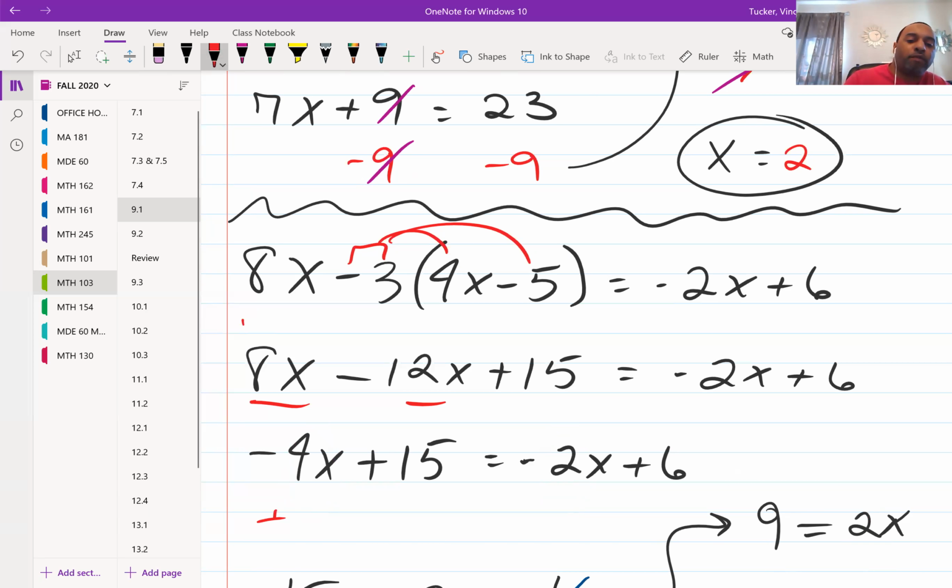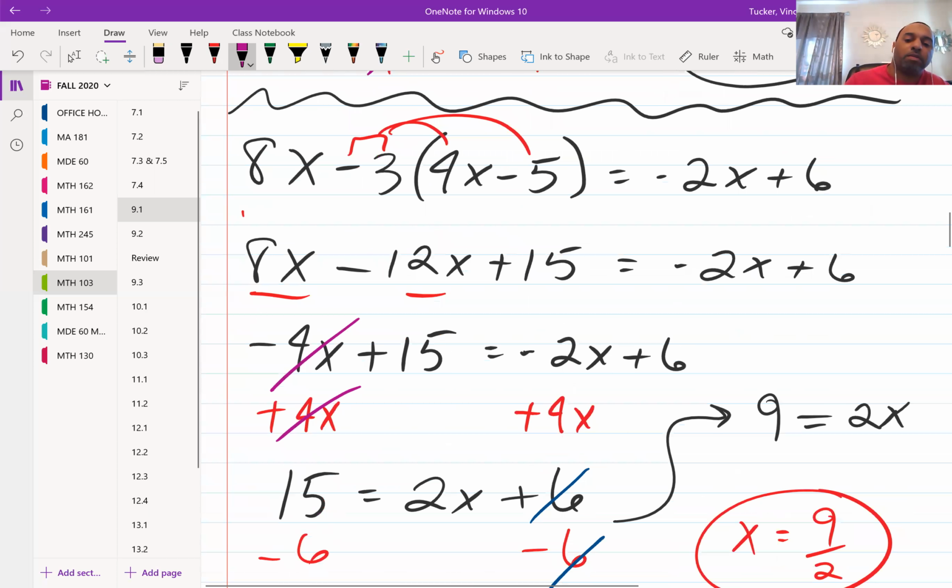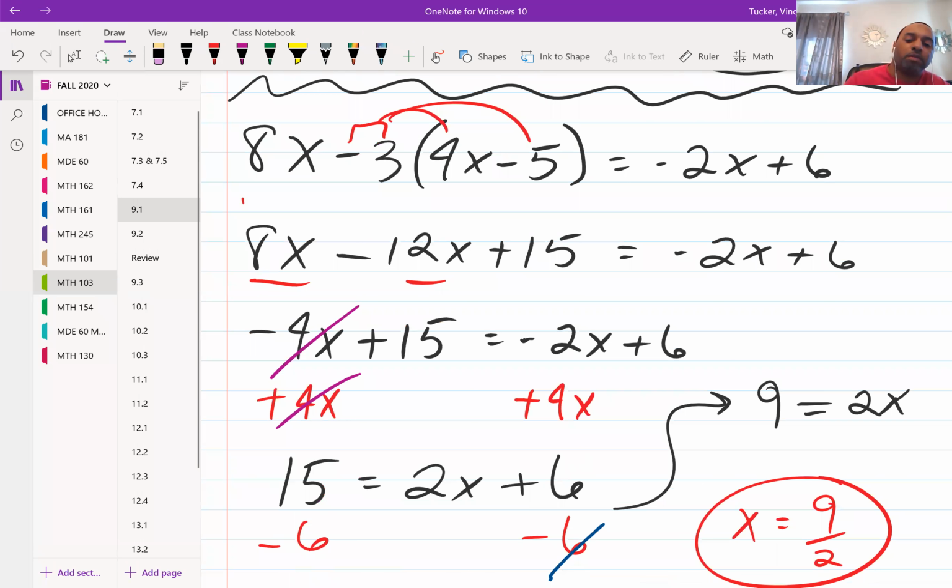So I'm going to add 4x to both sides. And that will leave me with 15 equal to 2x plus 6.